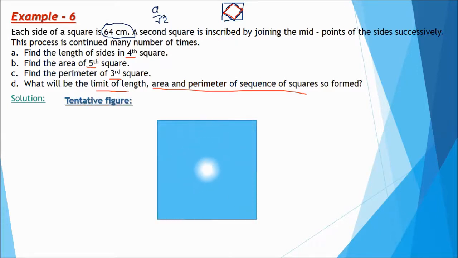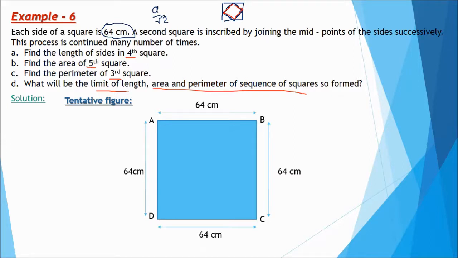Now this is a square ABCD, where AB, BC, CD and DA measure 64. You can see 64 everywhere. It is a square, all sides are equal.